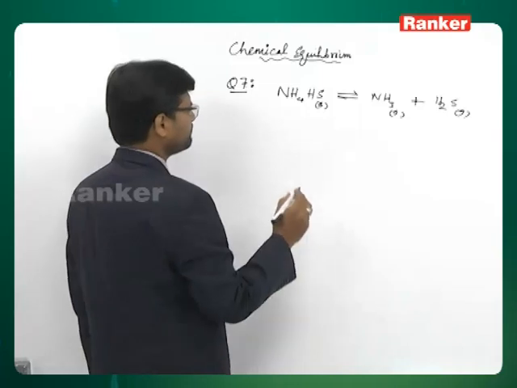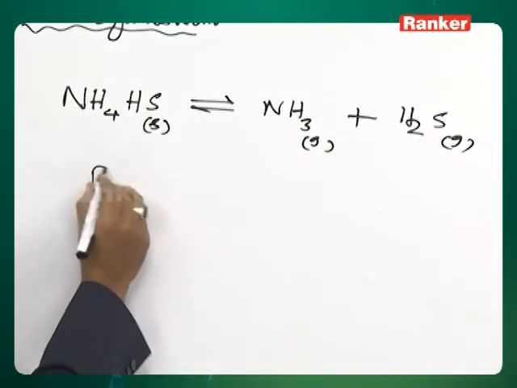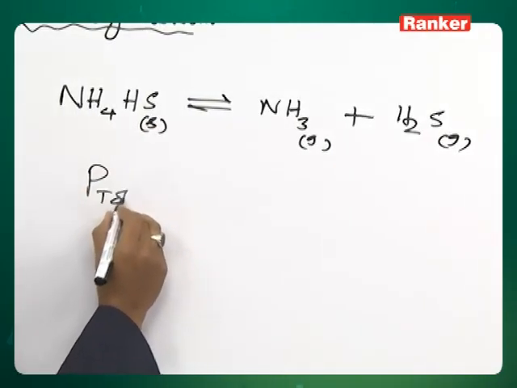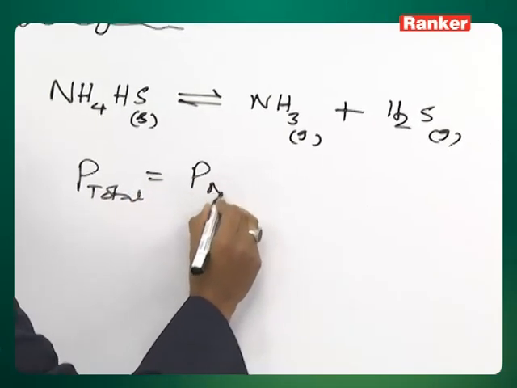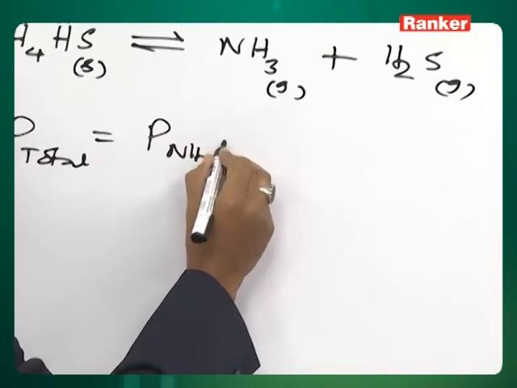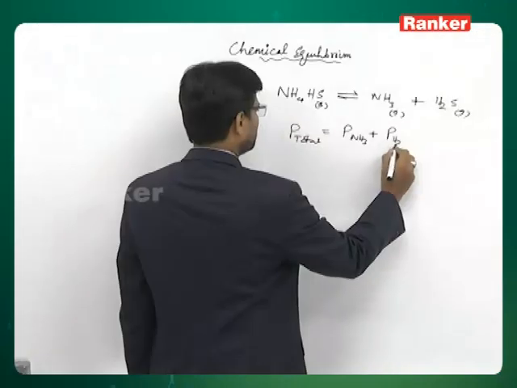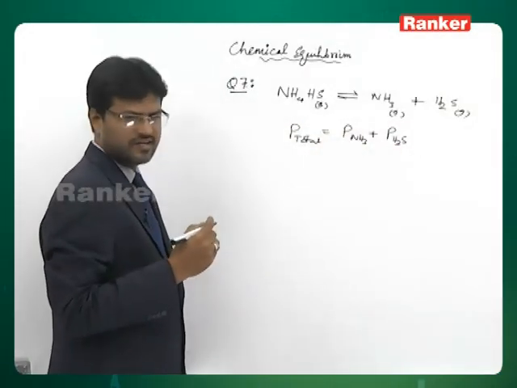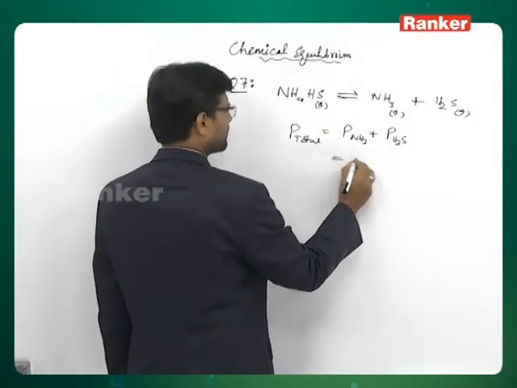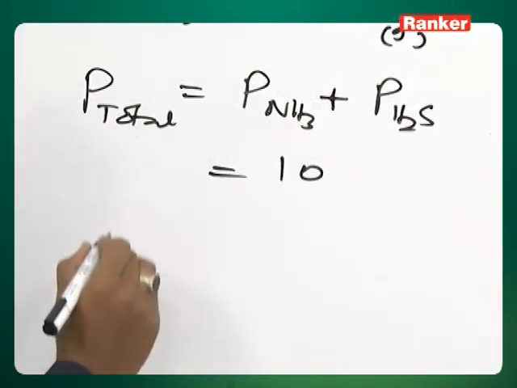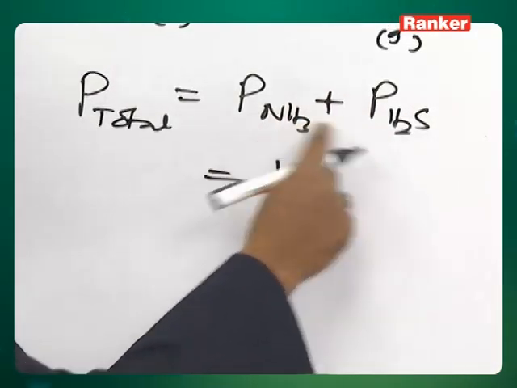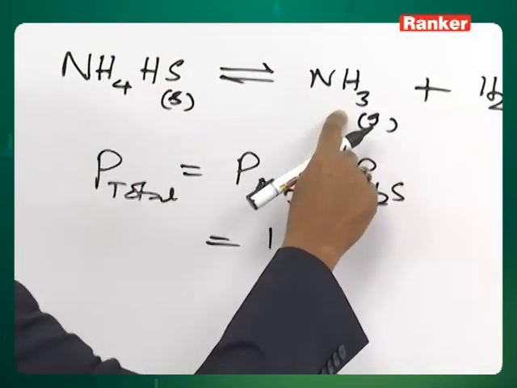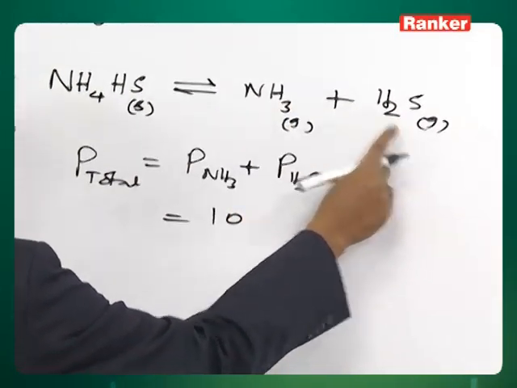The pressure is P total equals P NH3 plus P H2S. This is 10 atmospheres, and these two must be equal. Every 1 mole of this will dissociate into 1 mole of ammonia and 1 mole of H2S.